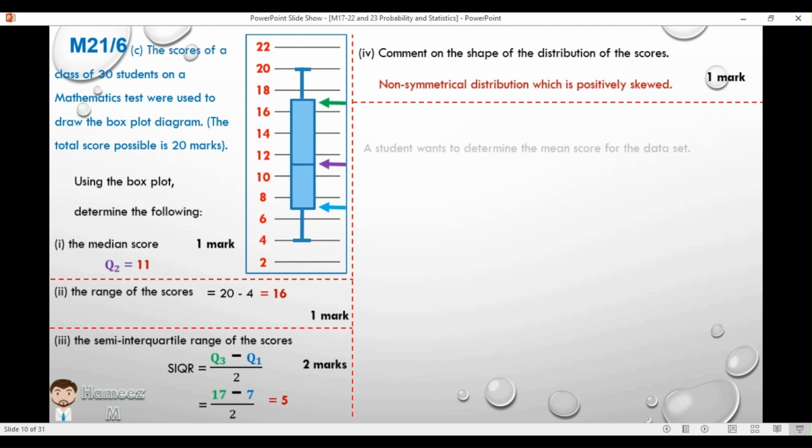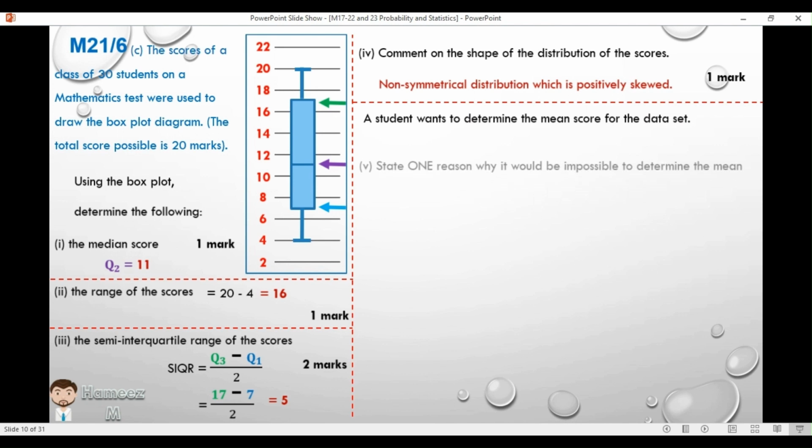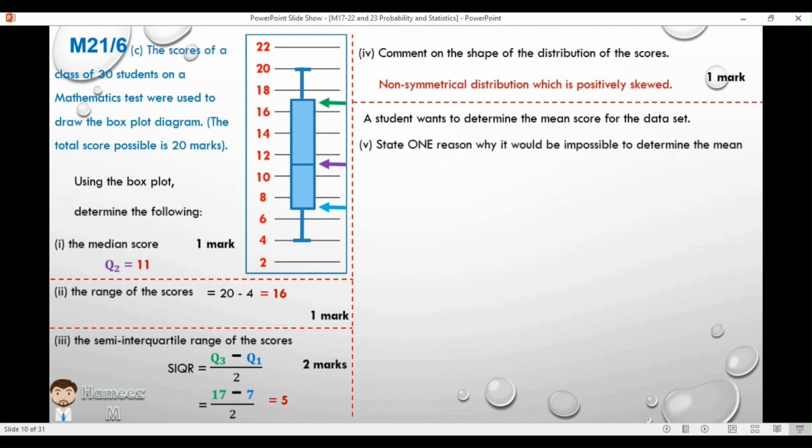Now, in the next part, a student wants to determine the mean score for the data set. Part 5, state one reason why it would be impossible to determine the mean score from the box plot. And simply, the raw data is not accessible in a box plot diagram. Only those 5 points, minimum, maximum, Q1, Q2, and Q3.